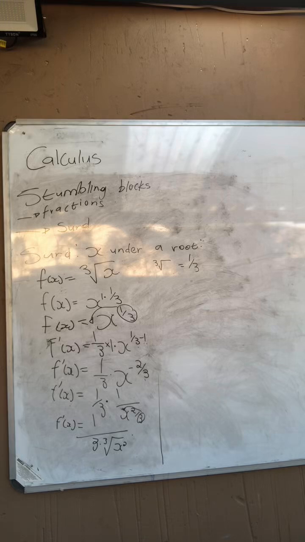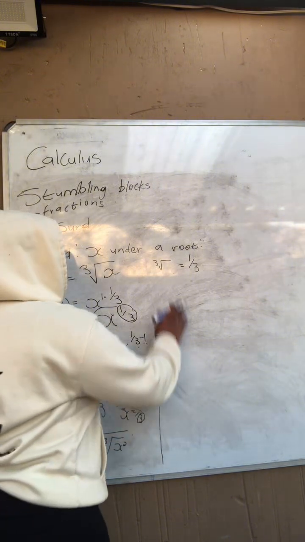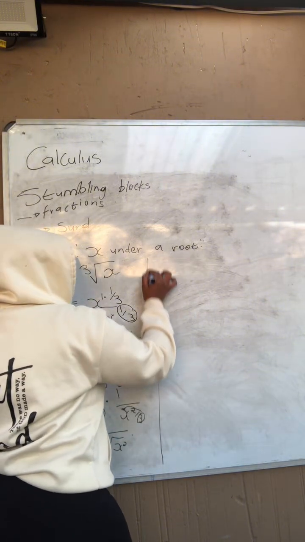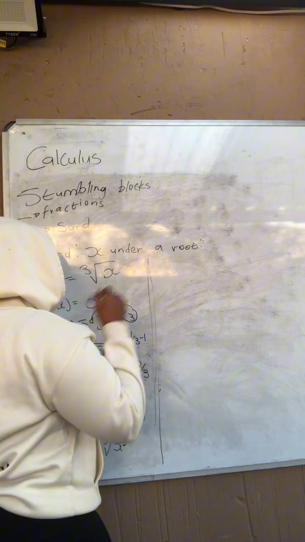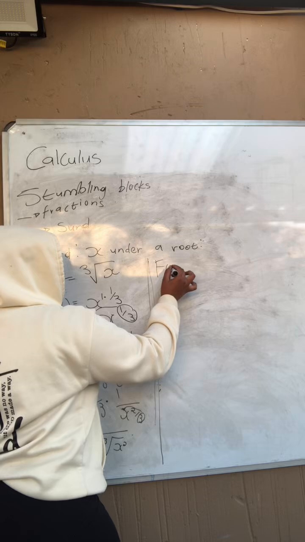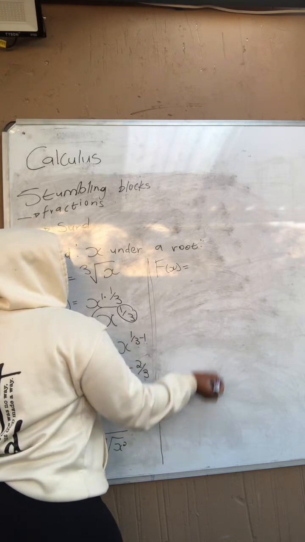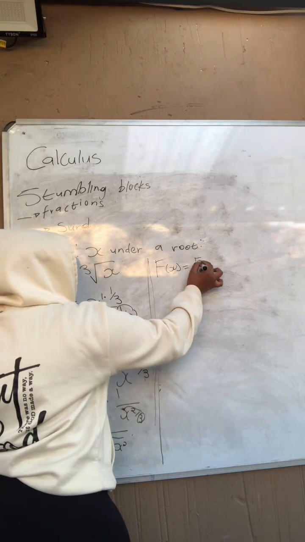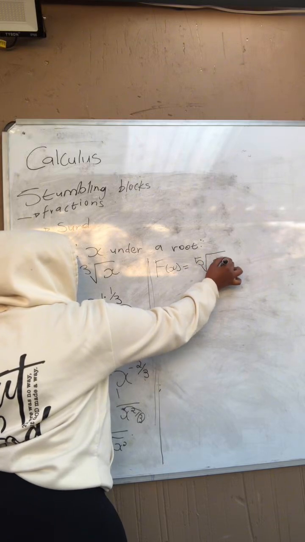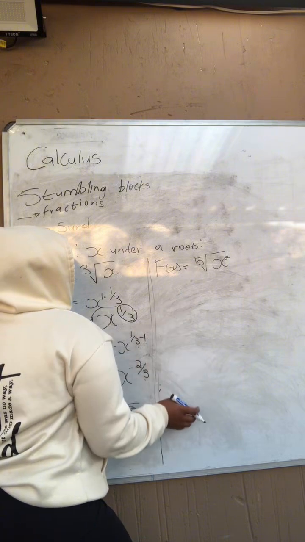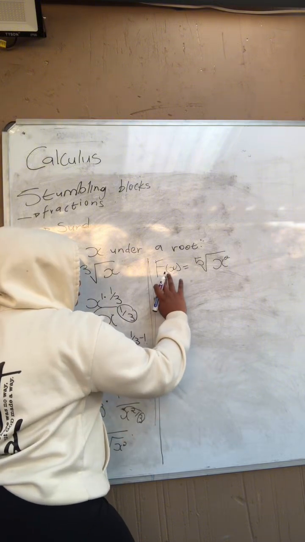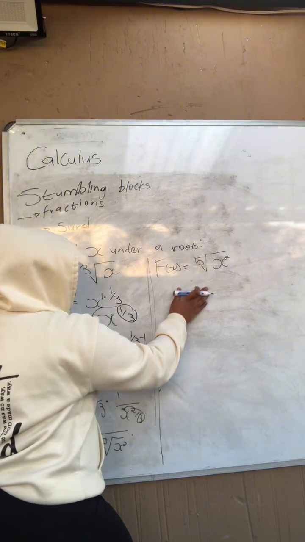From here we are going to move to the next problem. On the next problem, we're given f of x, which is equal to fifth root of x squared. We know that we won't be able to differentiate this problem.